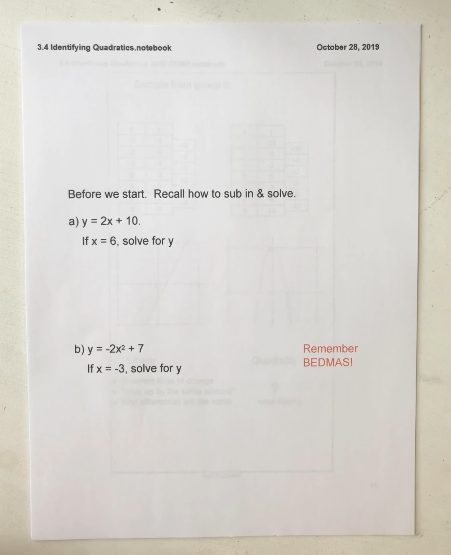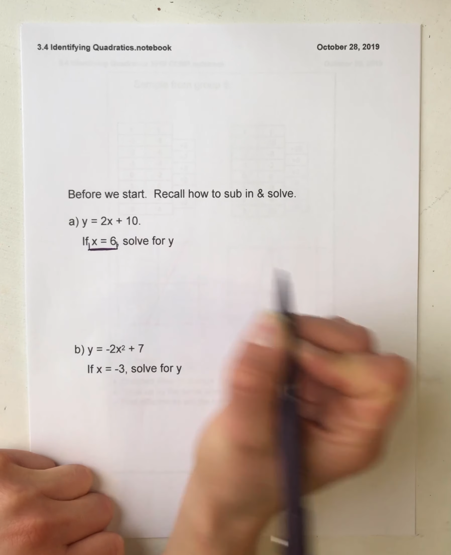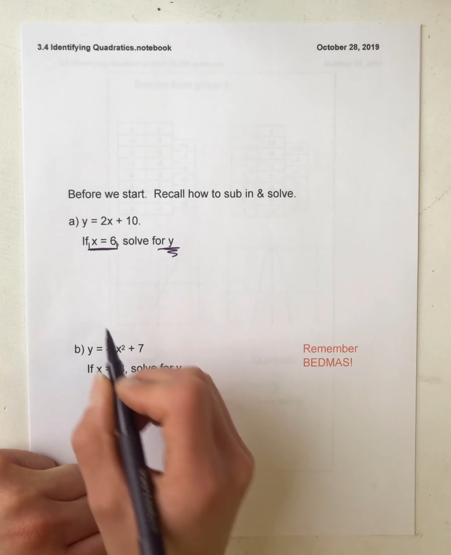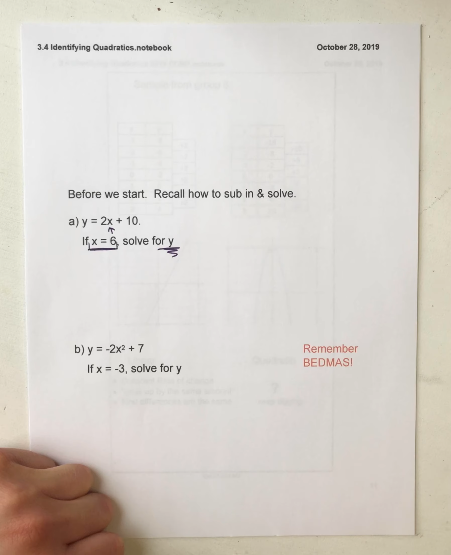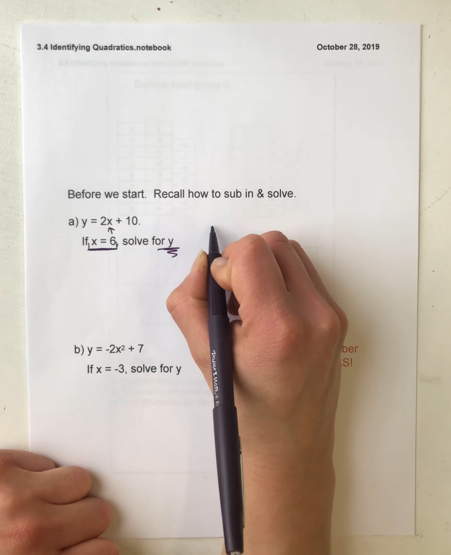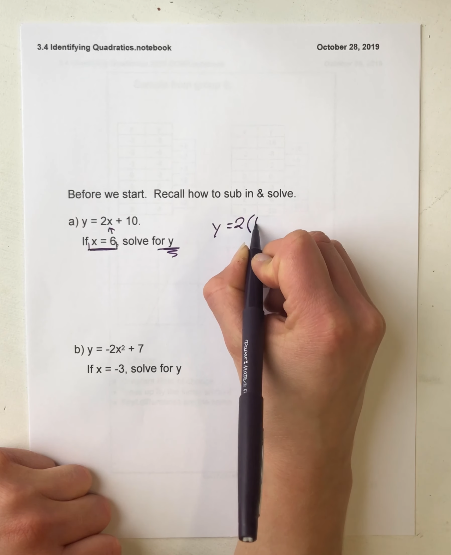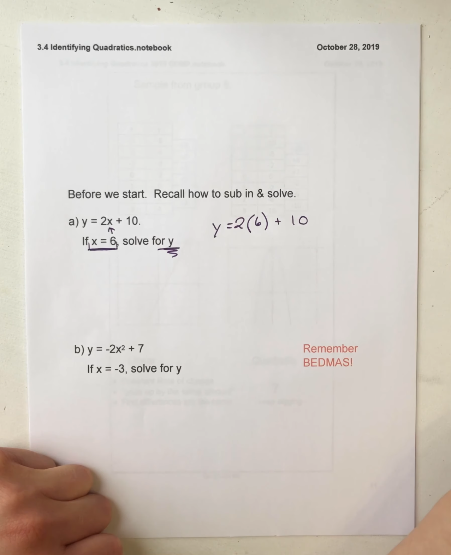So for question A, if we are given x equals 6 and we are to solve for y, what we're going to do is take our 6 and plug it into the x value. So we have y equals 2, put it in brackets, plus 10, right?